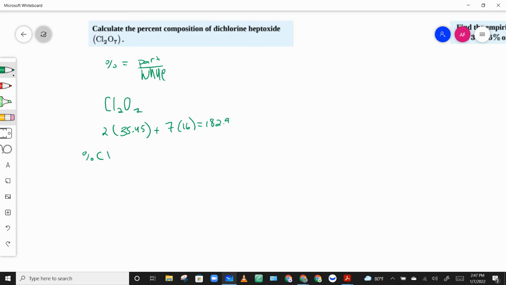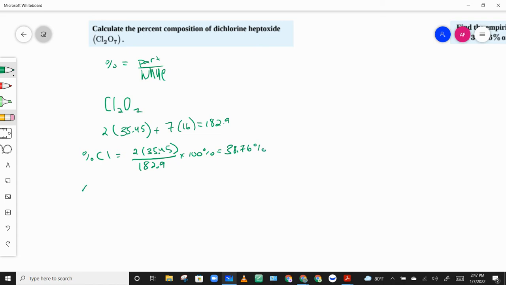So I want to know percent of chlorine. I take the part, the chlorine, so there's 2 chlorines, 2 times 35.5, divided by the whole thing, 182.9. That's going to give us a decimal, and we just have to multiply by 100% to get the percentage. When we do that, we get 38.7%.